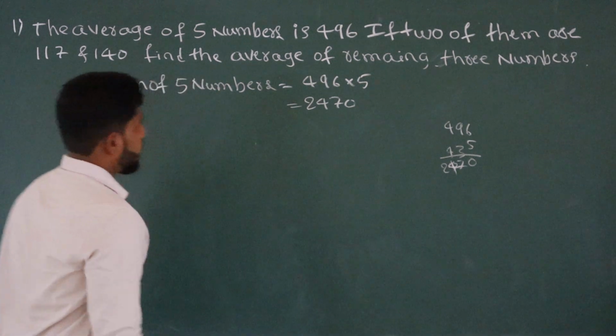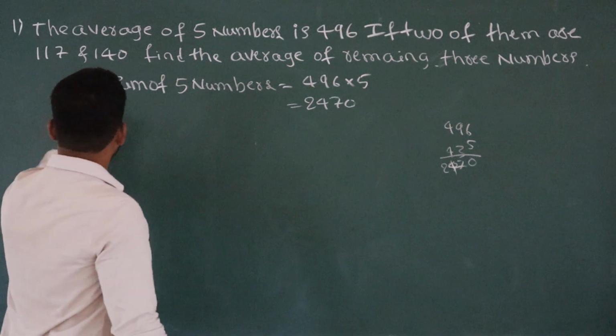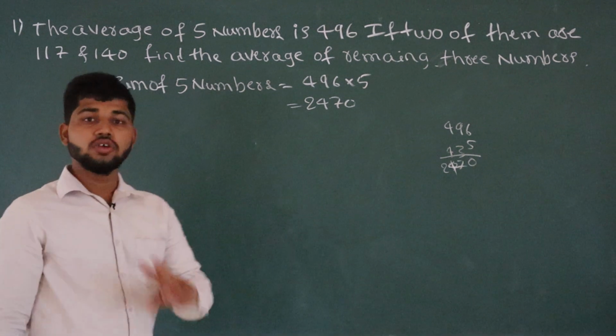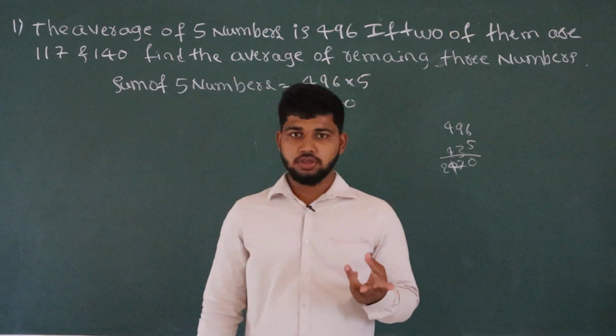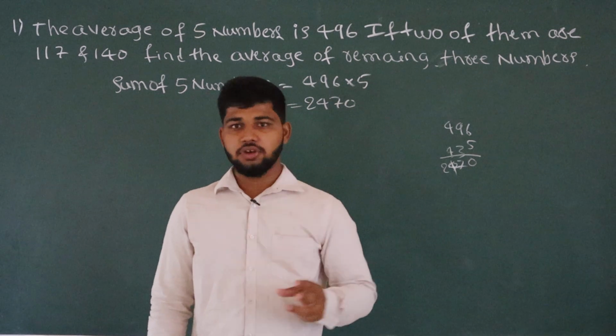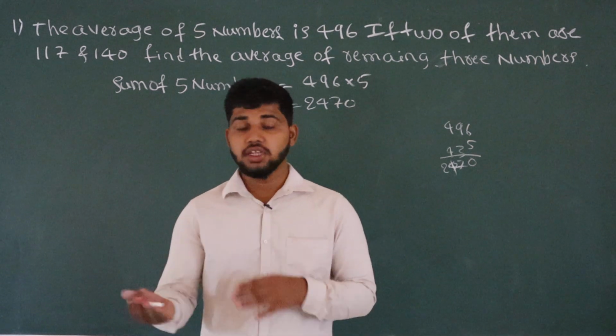They have given that two of the 5 numbers are 117 and 140. Now we have to find the average of the other 3 numbers.